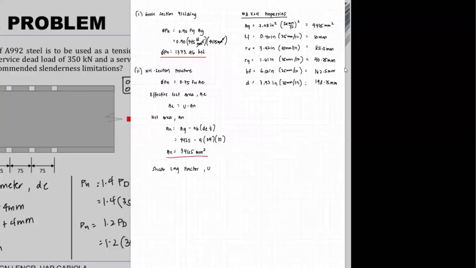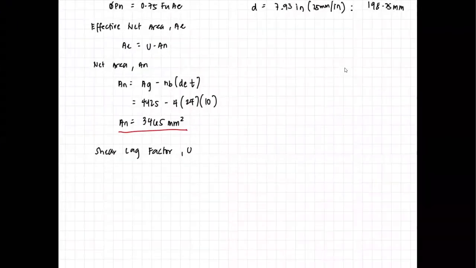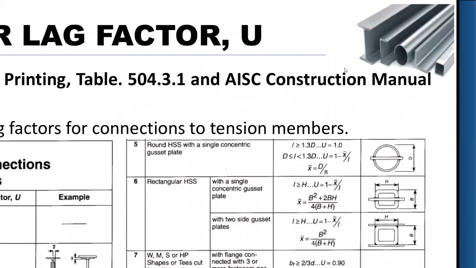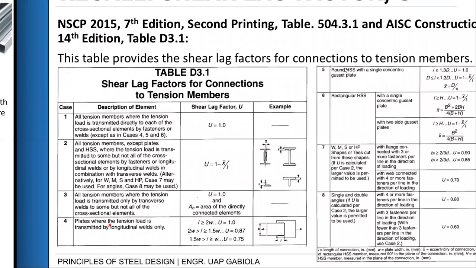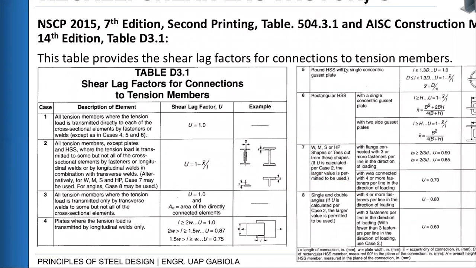For case three and four, we have welds. For five and six, we have HSS. For W, M, S or HP shapes, that is case seven, which is our case. Number eight is for angles, so we need to omit eight. So we accept case number seven.